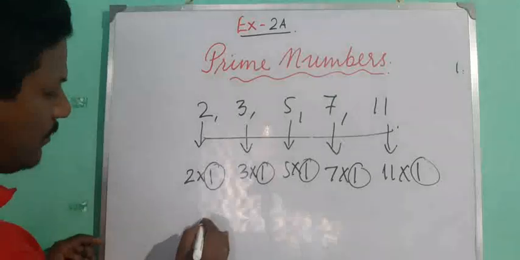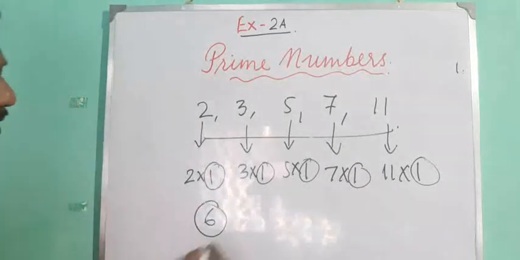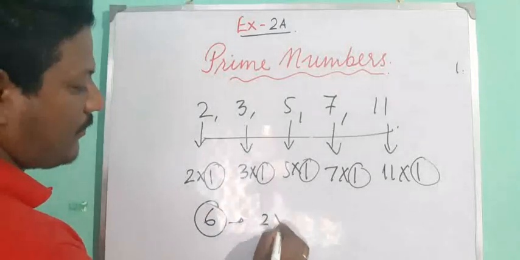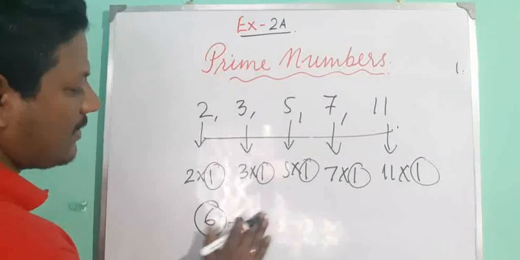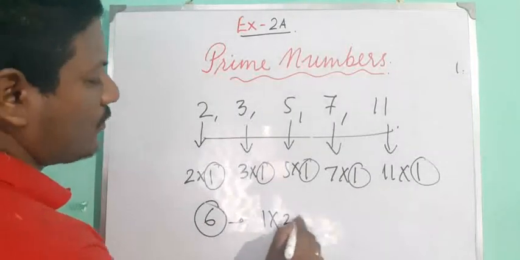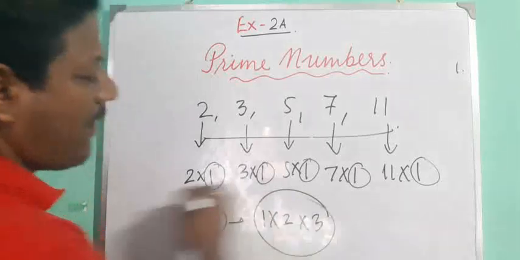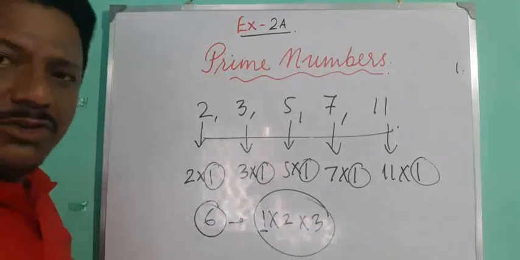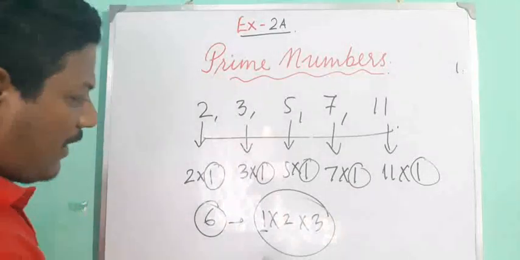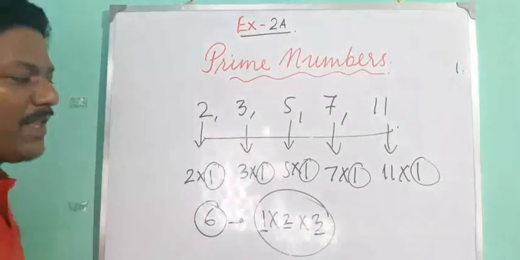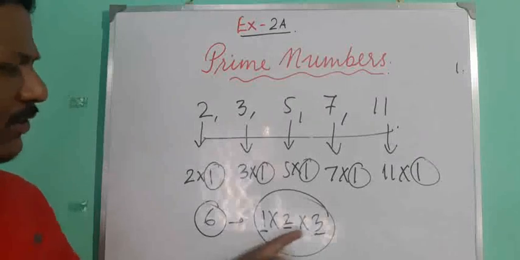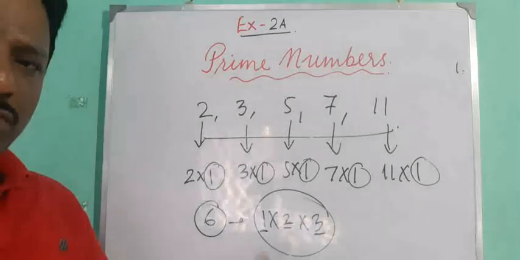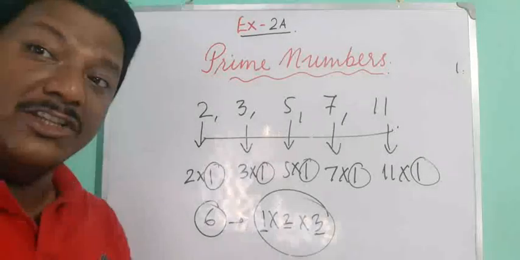If I write, suppose if I write 6. So 6 factor is, it will be 1 into 2 into 3. Okay, so here 1 is there. Of course I told you this is common. Okay, and another 2 factors are 2 and 3. So what do we see over here? 2 and 3. These 2 factors are extra factors and new.